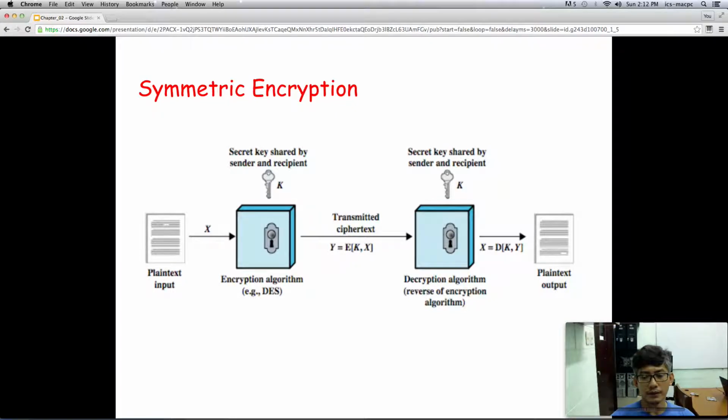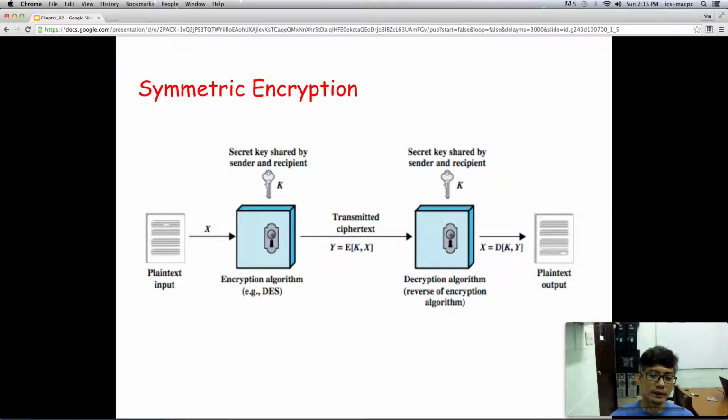Again, the idea here is to make sure that the data that is not intended for the recipient will not be read by others. And to do that, we need to perform some transformation on the input data so that the attackers or others will not be able to read the data.